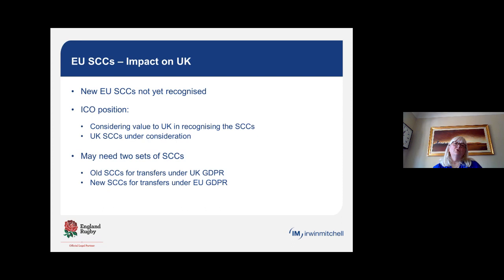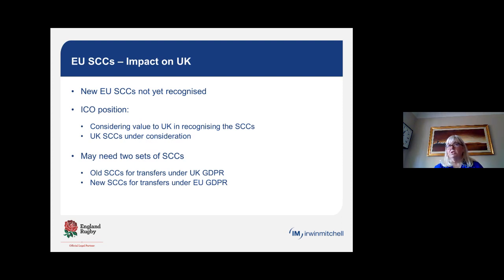So essentially what you could end up with, and I think is looking likely, is that there will be some standard contractual clauses that you will use if you are caught by EU GDPR to export personal data, for example, to America or India or wherever, and a different version if you're caught by UK GDPR and you're exporting to the same jurisdictions.